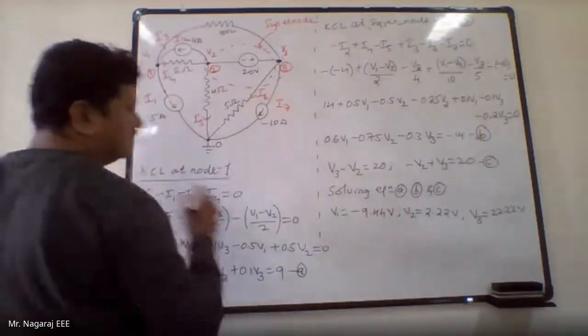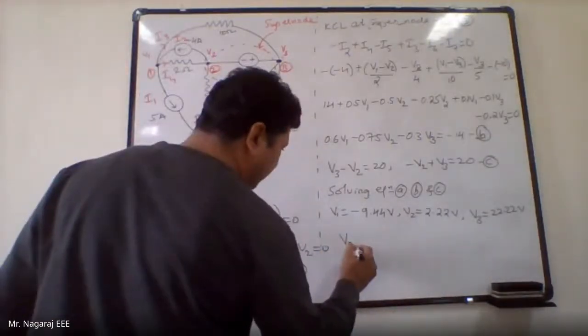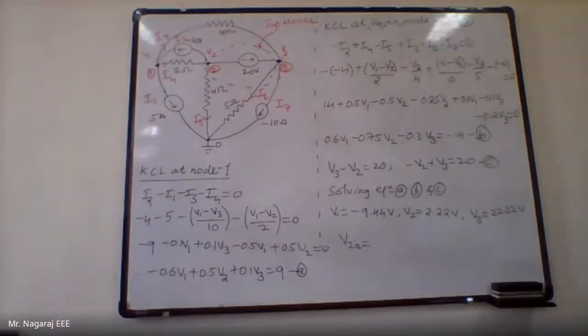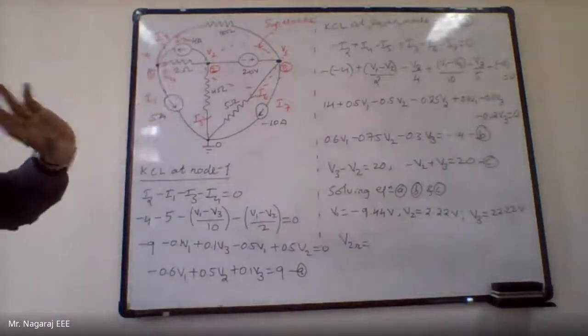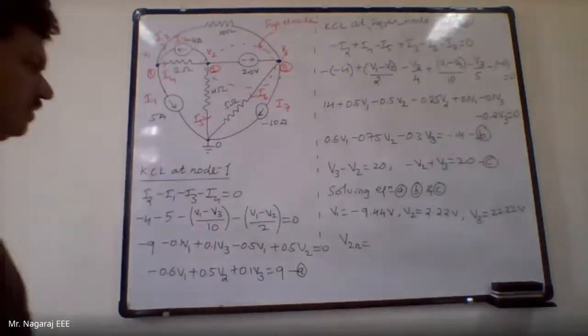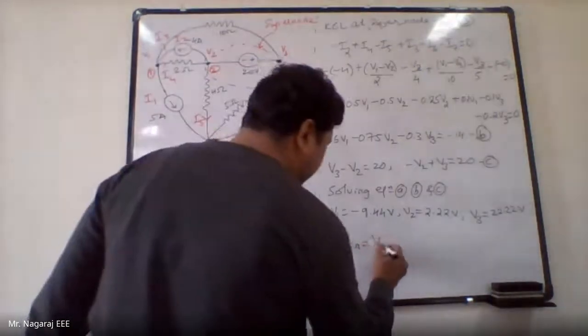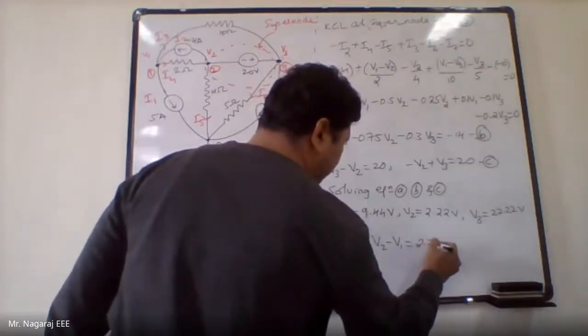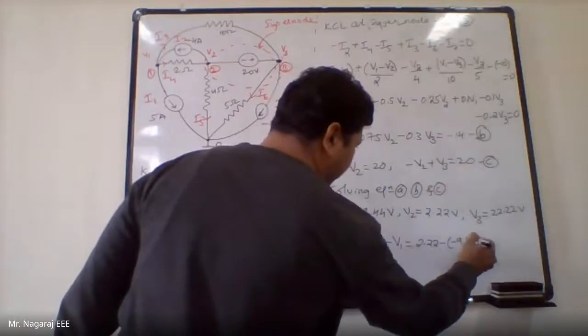Now what I should get is the voltage across the 2 ohm resistor. I should observe which is the larger value, V2 or V1. From the values, V2 is larger than V1. So it is V2 minus V1, equal to 2.22 minus of minus 9.44.